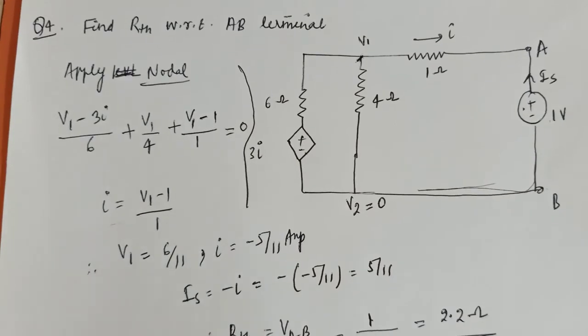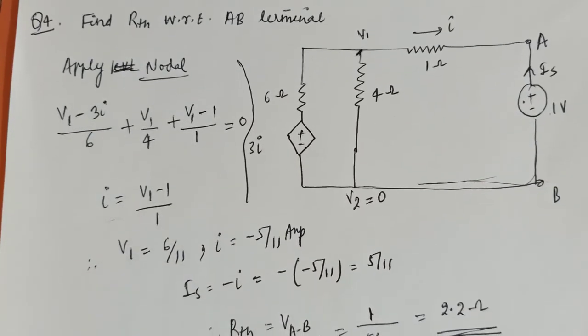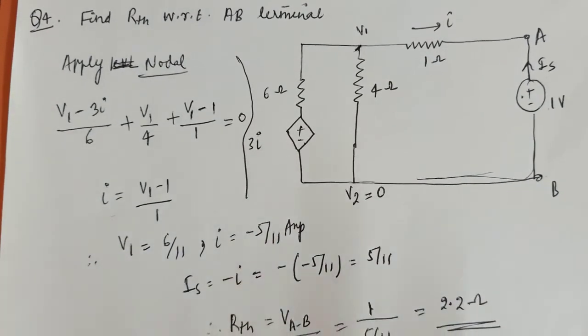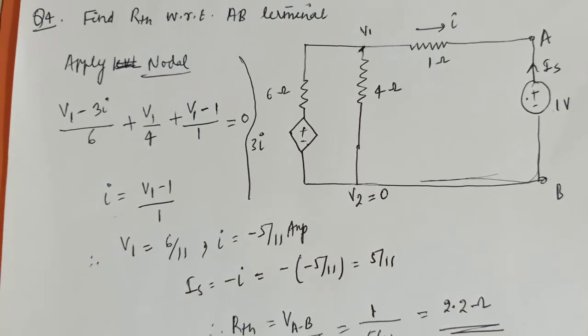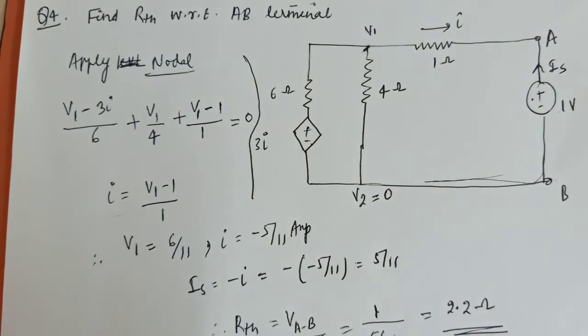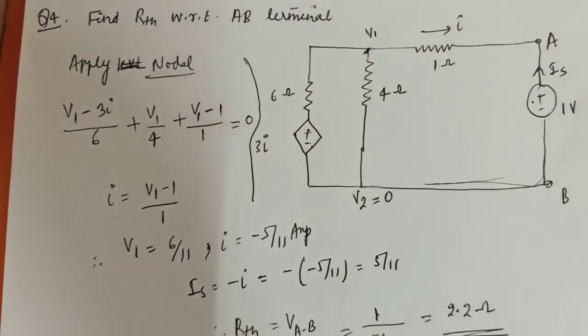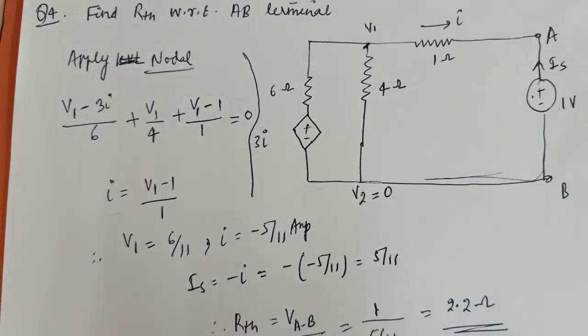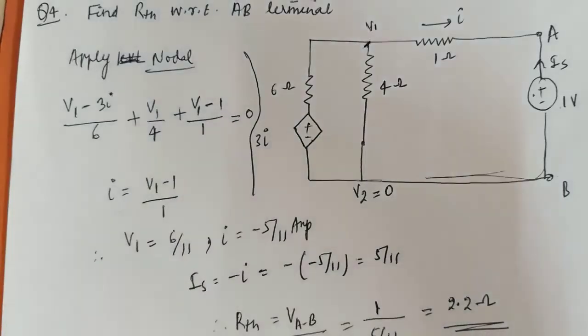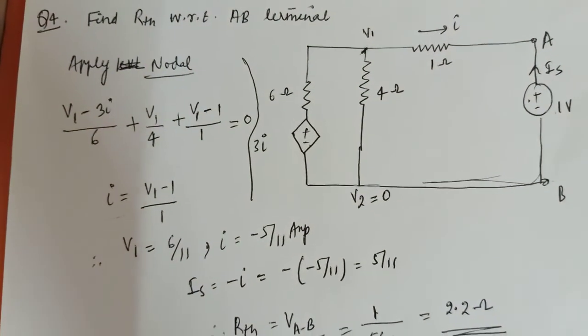When only dependent sources are there, then VThevenin will be 0. When dependent and independent both sources are there, then VThevenin also you have to calculate. Simply remove the load circuit, apply the KVL and calculate the voltage across the load terminal, and that will be your VThevenin.